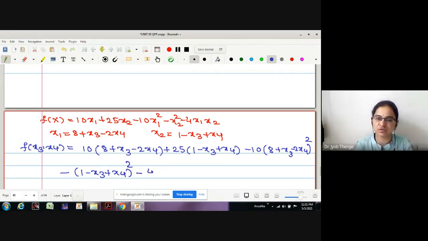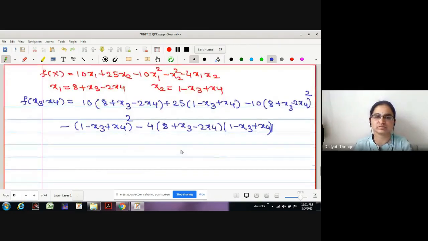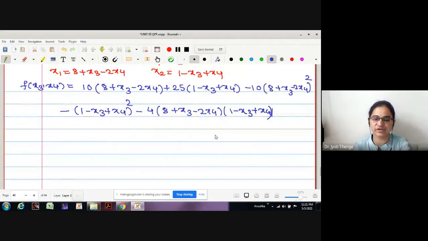Lastly, minus 4x1x2. You have to check all my steps, right? If you feel any confusion, you can just tell me. This is the objective function we have obtained.